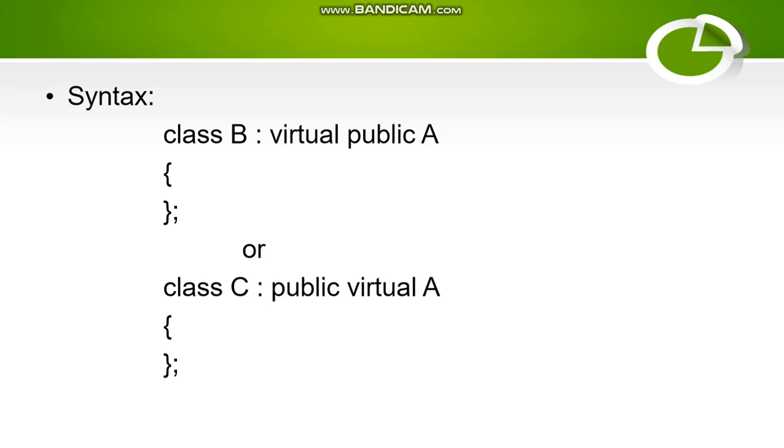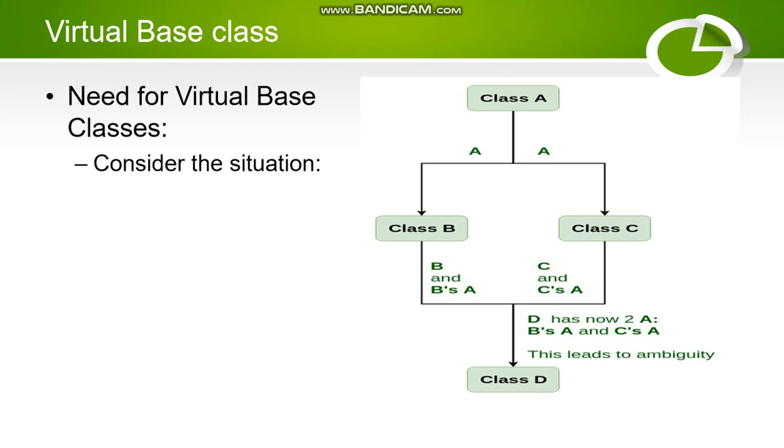Okay, so whenever a base class, that is nothing but class A, is specified as a virtual base class, it can act as an indirect base more than once without duplication of its data members, meaning it avoids the duplication of data members.